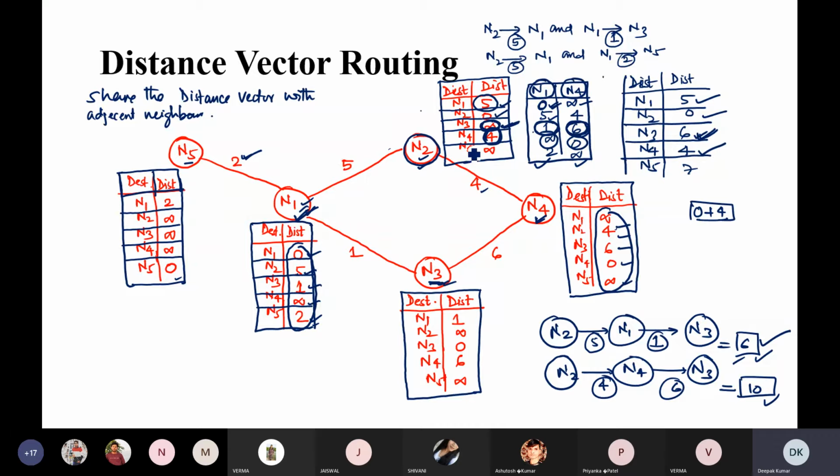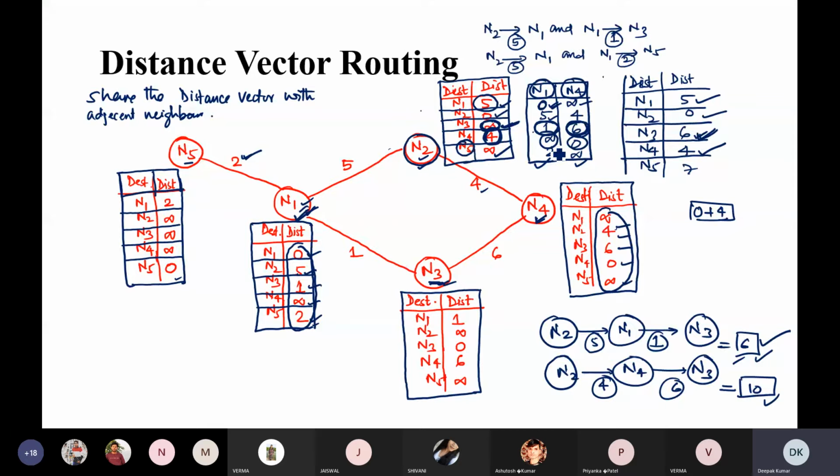Further, N1 has N5 and N2 has not; initially it was undefined, no cost is available between N2 and N5. So it will see these two vectors received from N1 and N4.